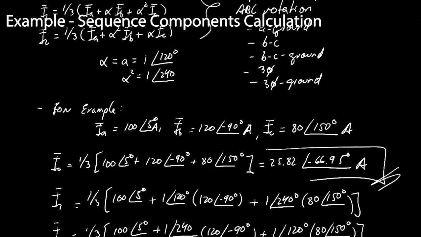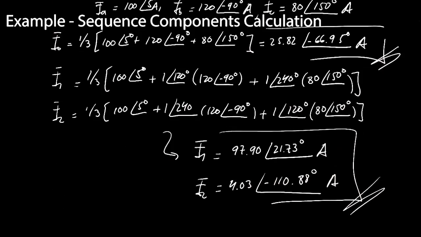And the angles, although not 120 degrees apart, are somewhat close. The difference between the A phase angle, 5 degrees, and the B phase angle, minus 90 degrees, is 95 degrees, somewhat close to 120. And the difference between the A and C phase angles is 145 degrees. So not exactly balanced, but not that unbalanced either.